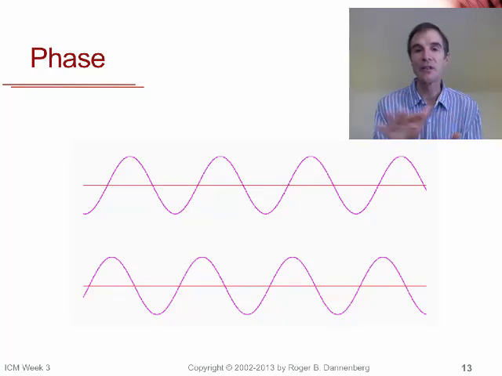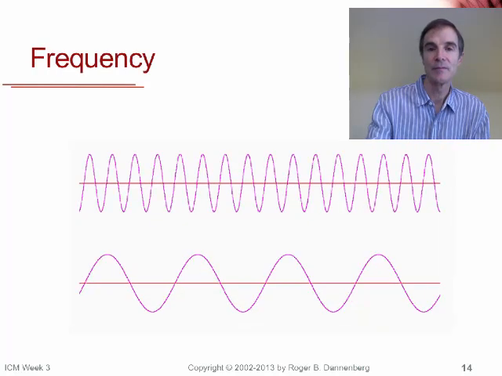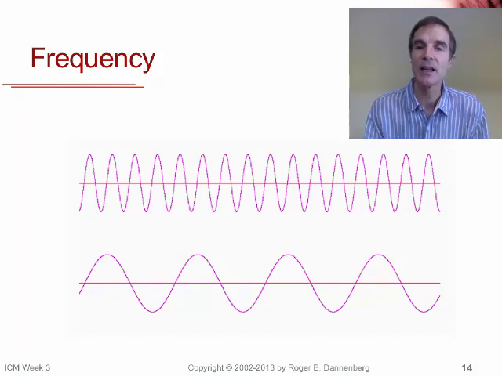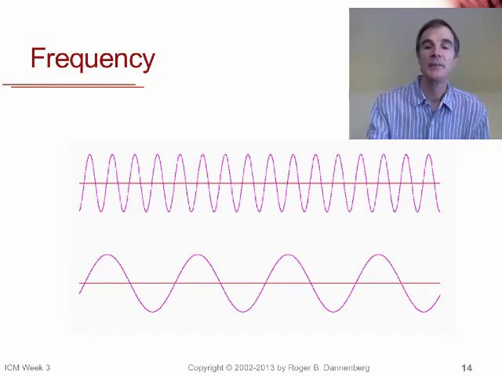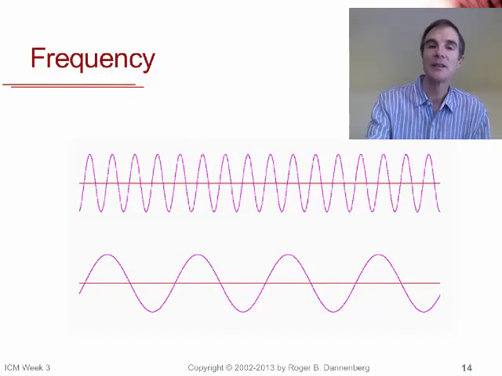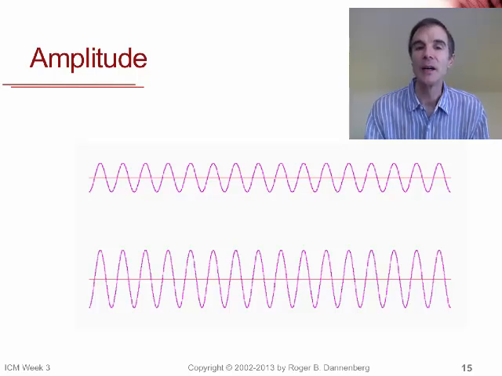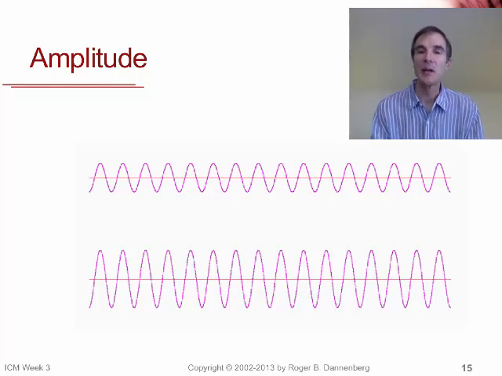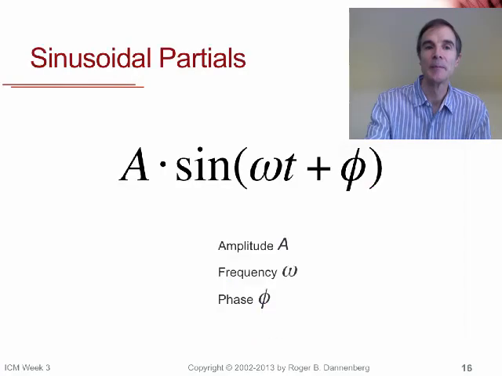Okay, so that time shift is called phase. The second aspect is frequency. That's the repetition rate. Every sinusoid has a frequency. And finally, we have amplitude. We could have a small amplitude signal or a large amplitude signal, so that's another parameter.